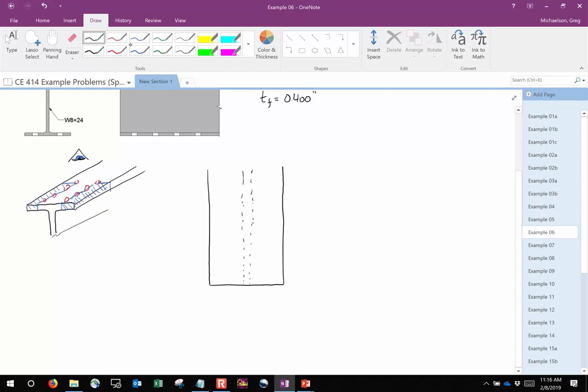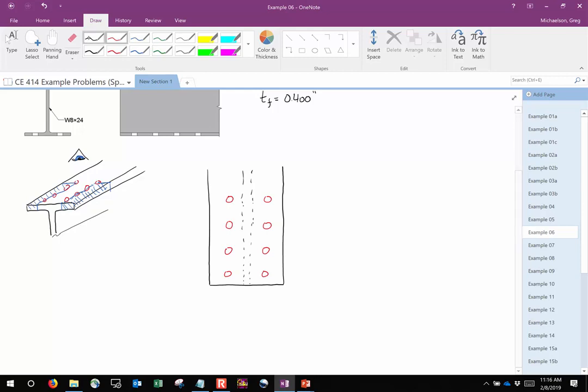Then I'm going to draw the same set of bolts on both ends, but I'm only going to focus on one of them. I've got 1, 2, 3, 4. 1, 2, 3, 4. Right?